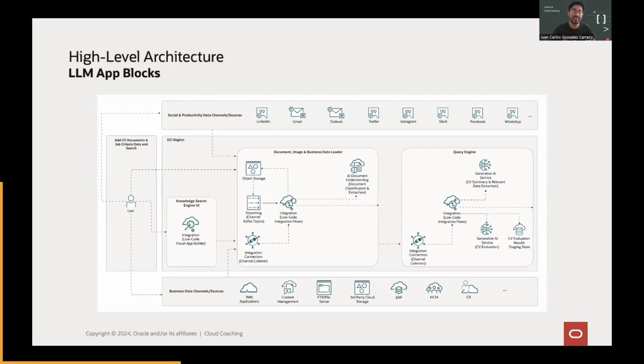Here we are helping recruiters get the best candidate that fits a job criteria. It's not that we are delegating the decision to Generative AI. This is a recommendation engine for the recruiter to help make the best decision.